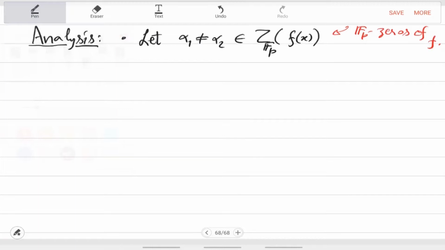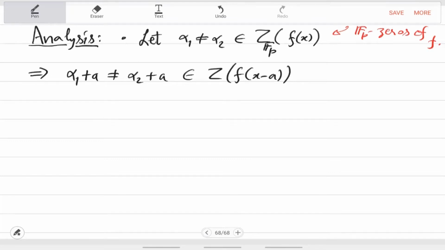And so then this means that alpha 1 plus a different from alpha 2 plus a, both of them are zeros of f of x minus a. And suppose they have the same residuosity.